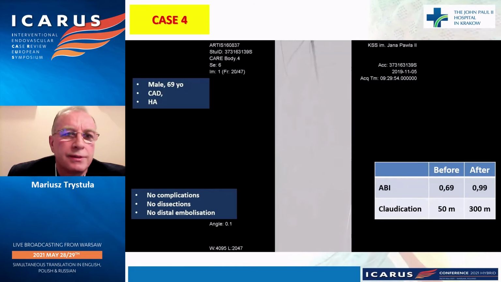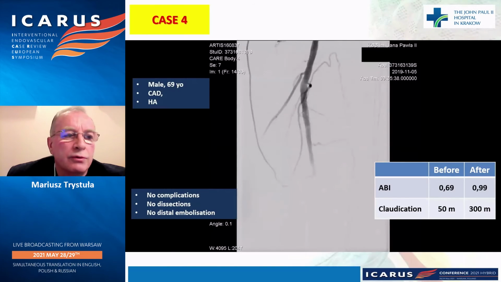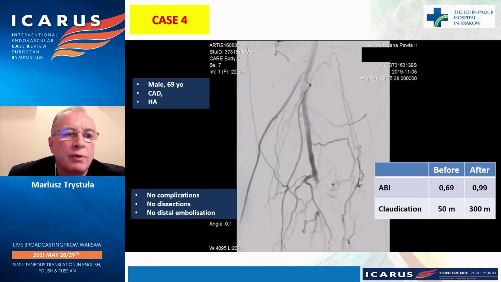Fourth case: male, 69 years old, coronary artery disease, hypertension, heavily calcified coral reef plaque occluding distal popliteal at the level of division to anterior tibial and trunk, with quite well extended collaterals.